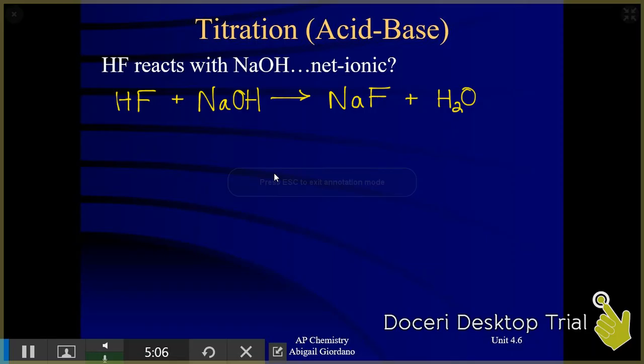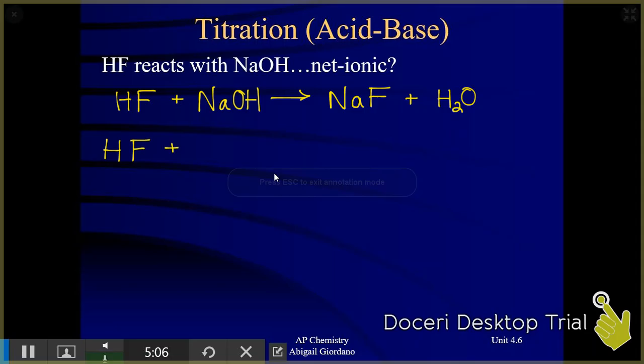Now I know I said to you guys that you only have to memorize the first two solubility rules, and that isn't one of the first two, but I would highly recommend that you commit those 6 strong acids to memory. And ladies and gentlemen, HF is not one of those 6. It's a weak acid. So it does not dissociate or ionize to an appreciable extent. So I'm going to keep it together.